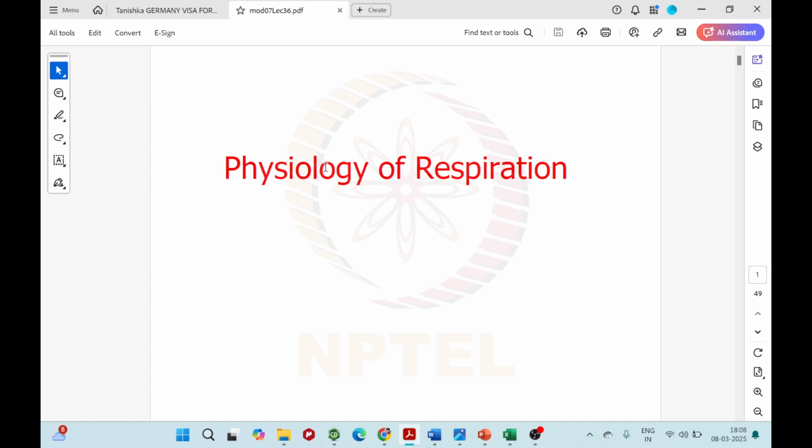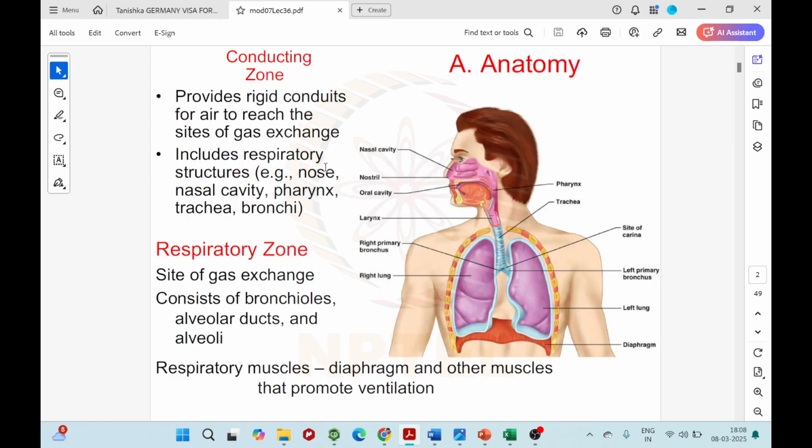Today we'll talk about the physiology of respiration. So let's start with the anatomy of our respiratory system.